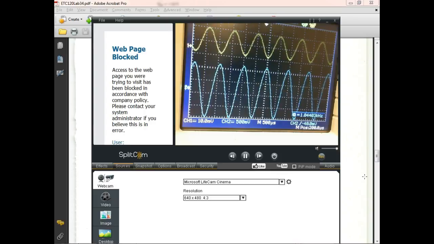So the top is my input. I have it on 10 millivolts per division. I got two divisions. That's 20 millivolts in. I got my channel 2, which is the blue one, on 500 millivolts per division, or half a volt per division, right?